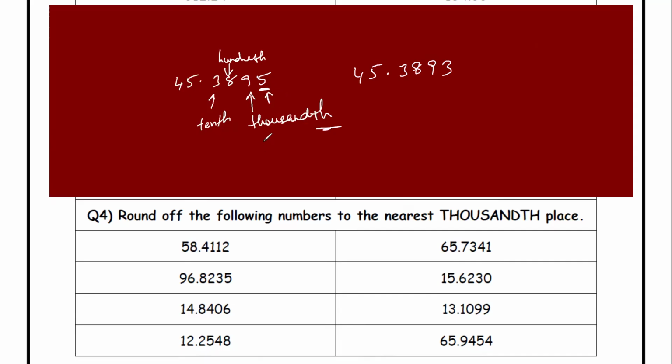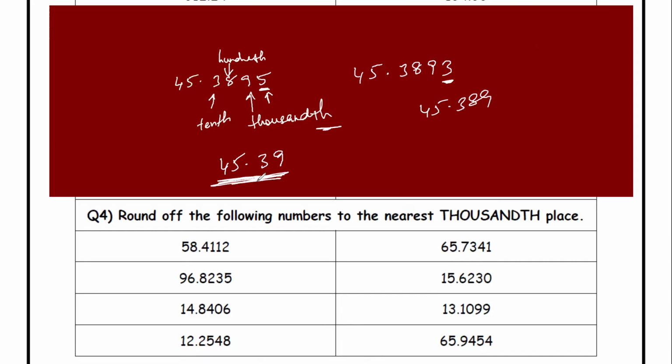If it's greater than 4, then this number moves up by 1 unit. So this whole thing would become 3, 9. Let me give you a better example. This one, because it's lesser than 5, would remain 45.389.